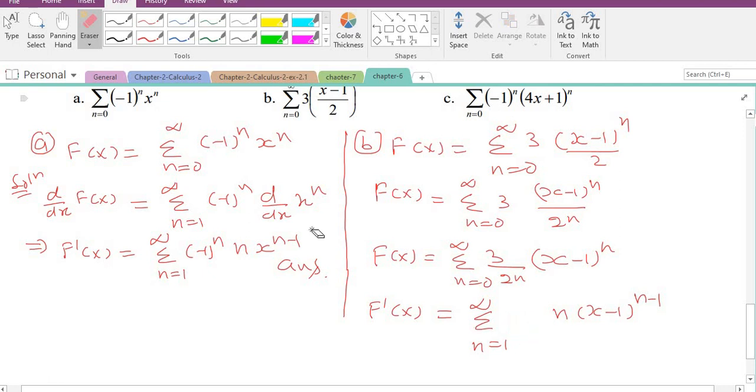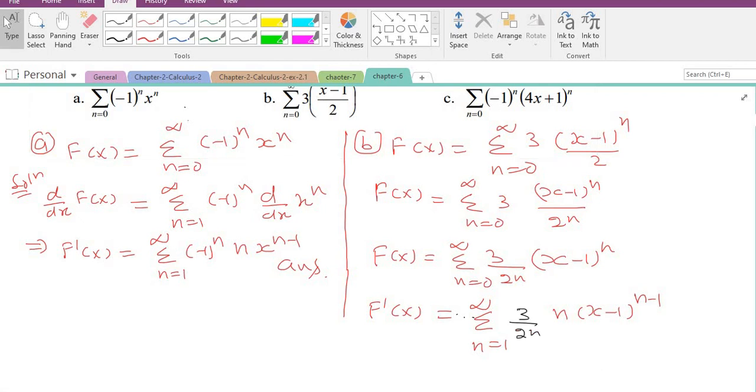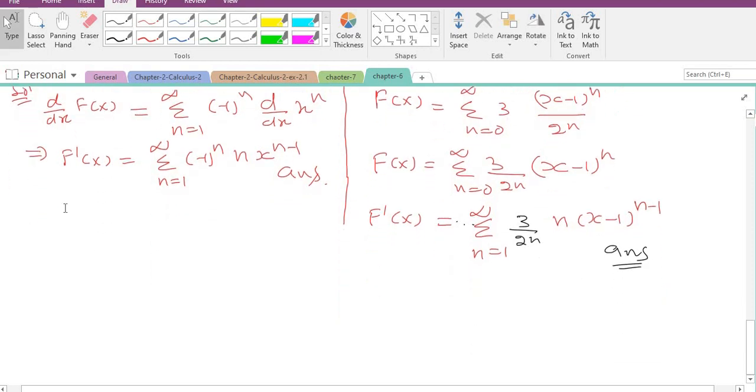So write here 2^n, writing 3 by this. This is the answer of that question, which is called differentiation of the power series by term by term differentiation. So this is about the differentiation term by term.